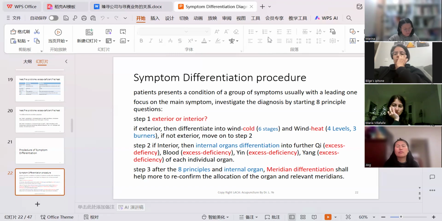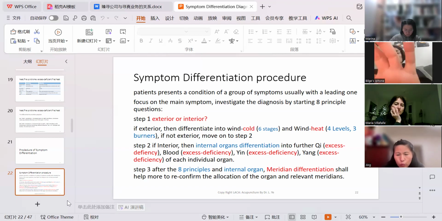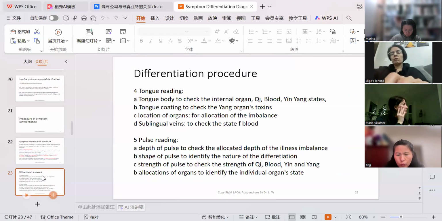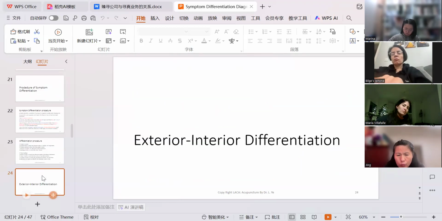But to get a more precise differentiation diagnosis, you can add in meridian palpation, which can give you an even more in-depth reading of the condition. Tongue reading and pulse reading are complementary; you don't have to learn them at the moment.